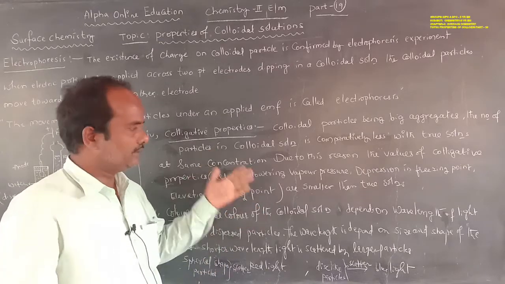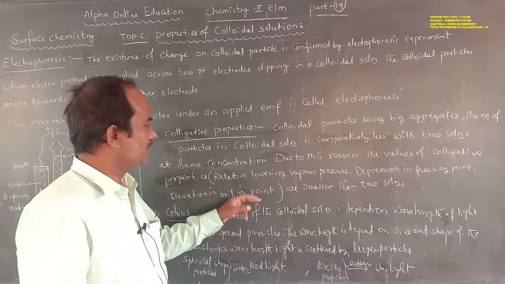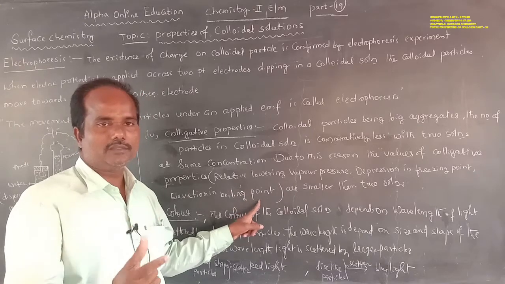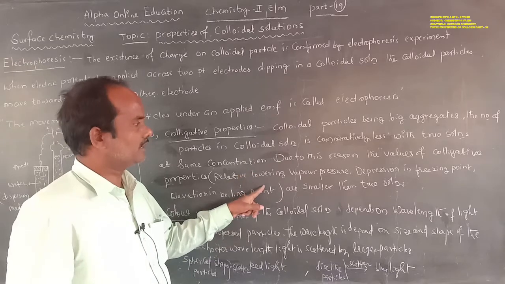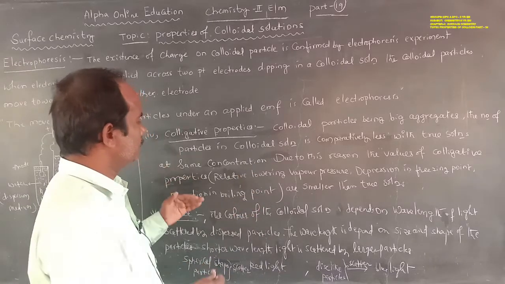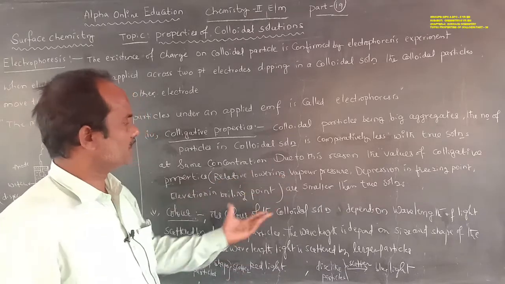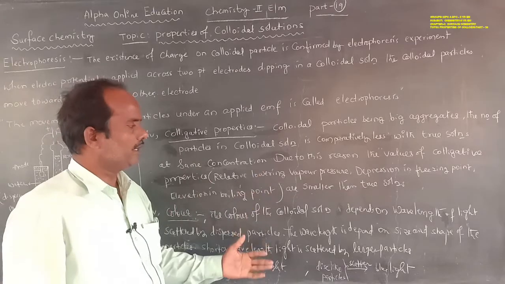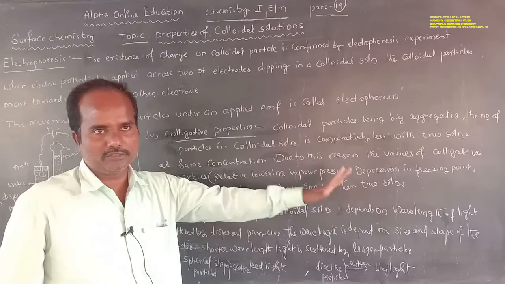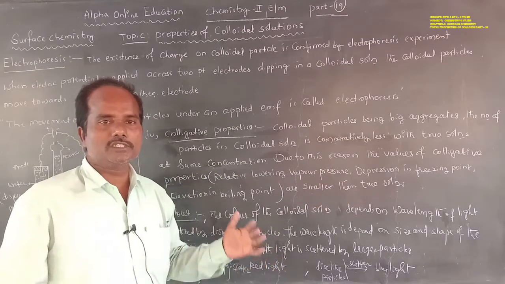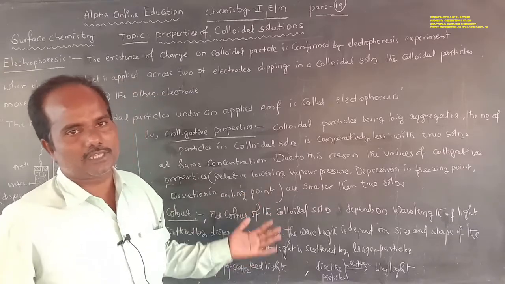These colligative properties depend upon the number of solute particles or dispersed phase particles. In colloidal solutions, the values of relative lowering of vapor pressure, depression in freezing point, and elevation in boiling point are smaller when compared with true solutions. In true solutions, there is no aggregation of solute particles, so their colligative property values are high.